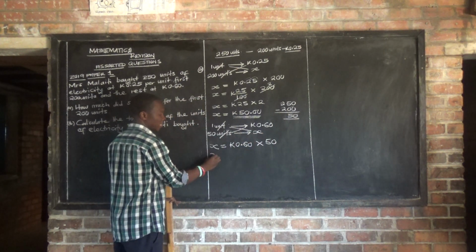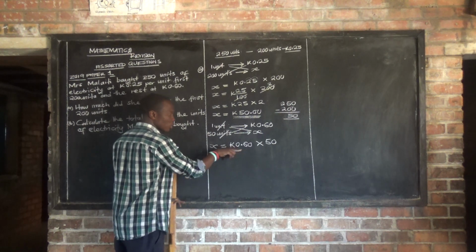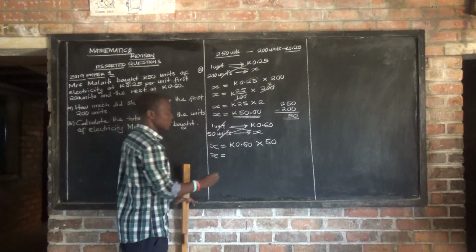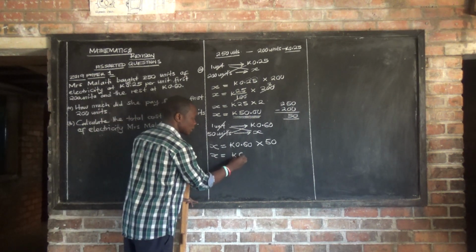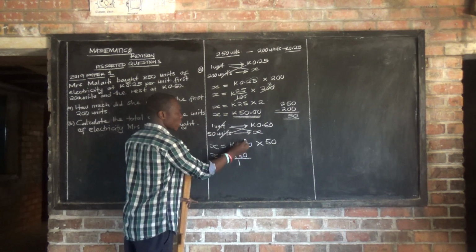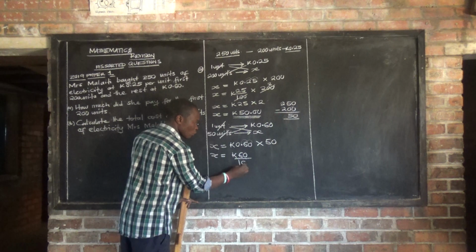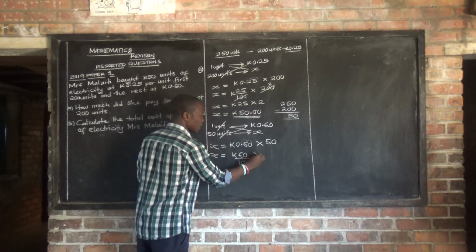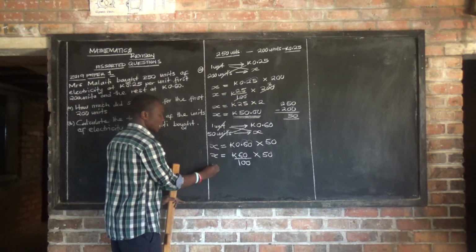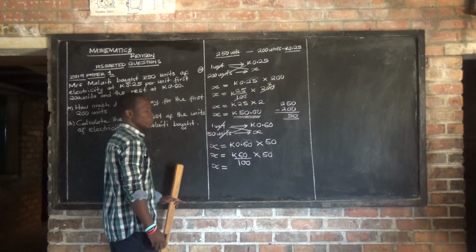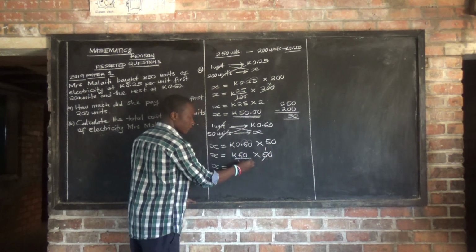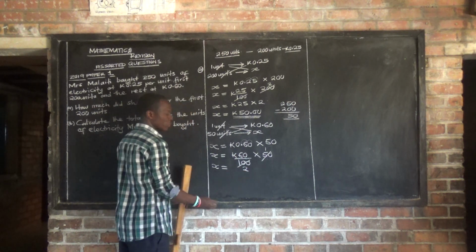Then x is equal to, this can be written as a fraction. 0.60 as a fraction is 60 over 1, with two decimal places, so 60 over 100, multiplied by 50. Now 50 can go into 100. 50 into 50 is 1, 50 into 100 is 2.